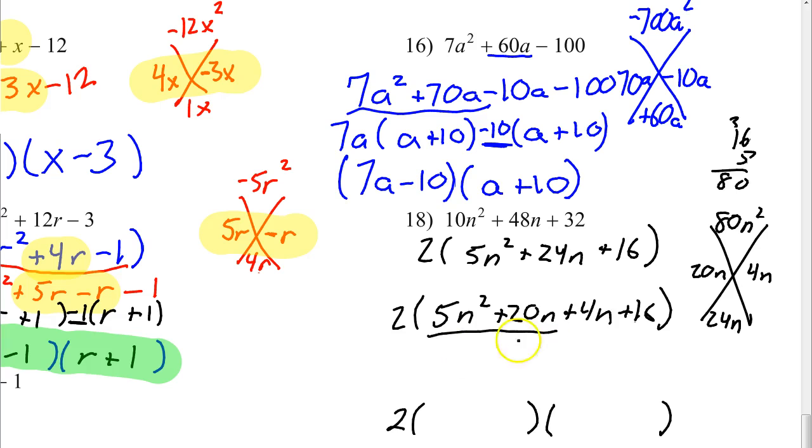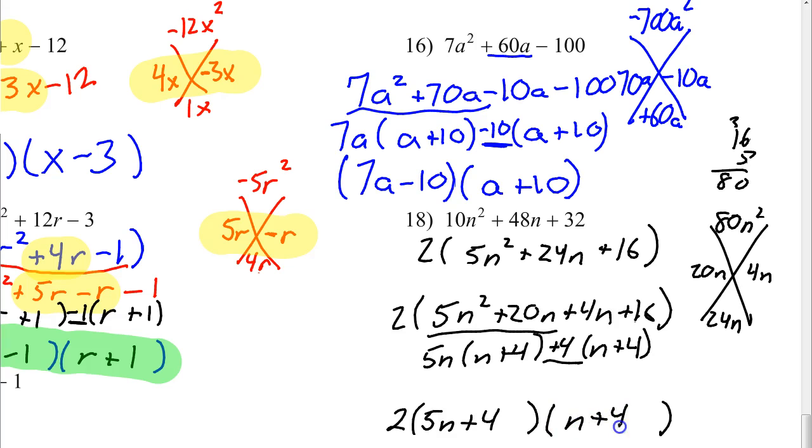And GCF for the first two is 5n, left with the n plus 4. So this must also be n plus 4 in order to equal 4n plus 16, I need a positive 4. So we get 5n plus 4 and n plus 4.